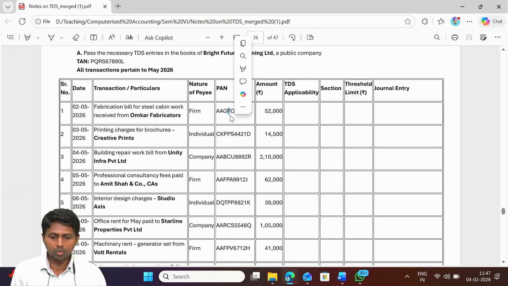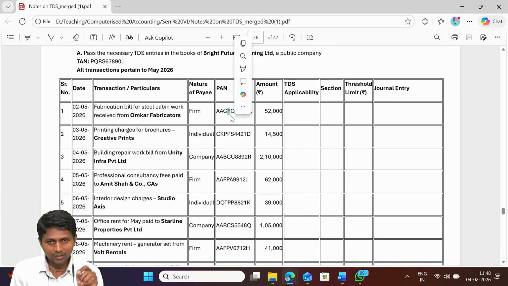That means most of the natures use the first letter of the name of the nature. Suppose the nature is HUF, then you will get H there. That means you will find some relationship between the name and the first letter there. That is easy. But for individual and artificial judicial person, you will find some different letters. Why is this so? Don't ask me. Ask the income tax department.